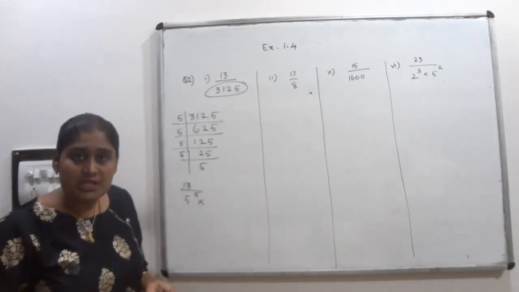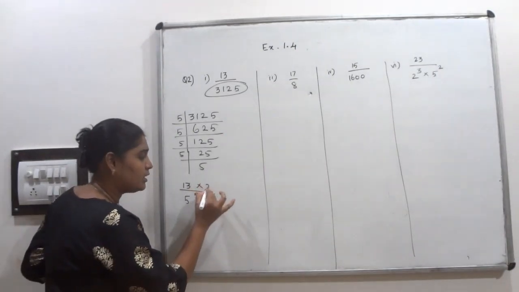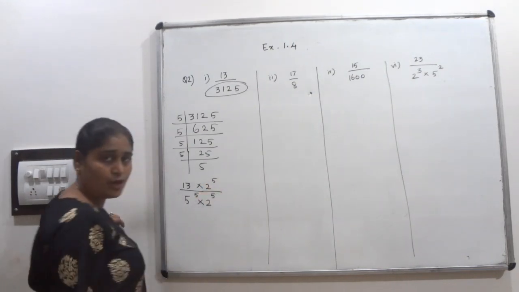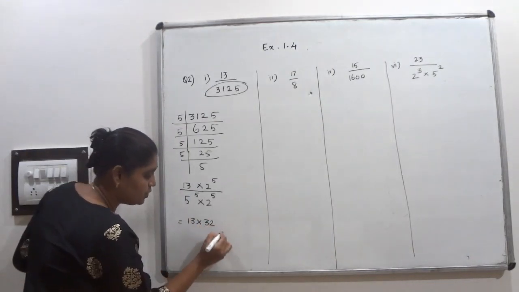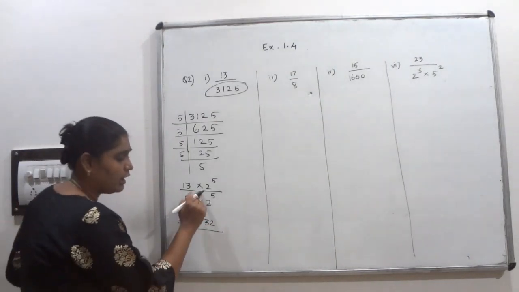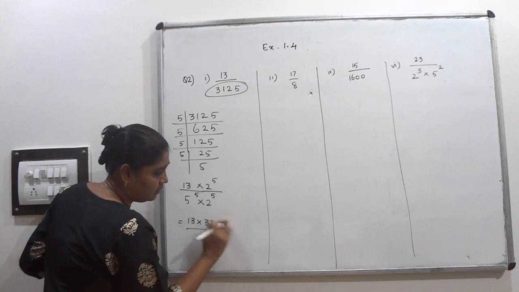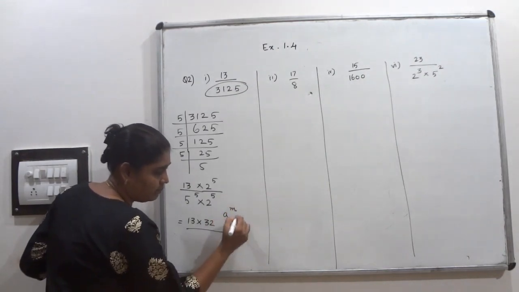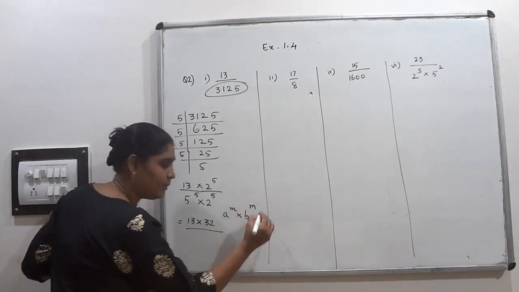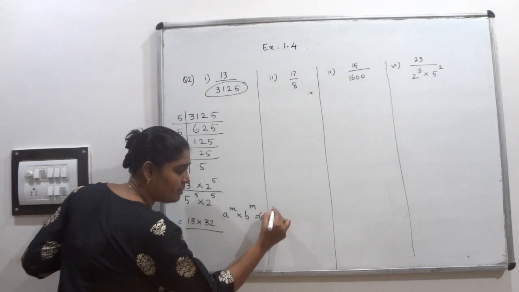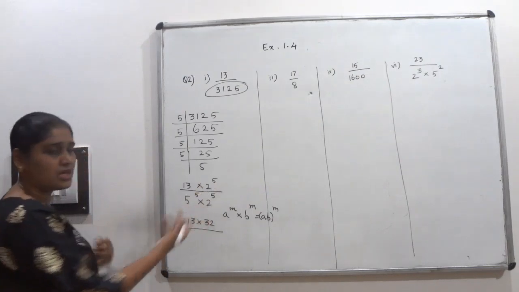Now I am going to multiply 2 power 5 in the numerator as well as the denominator. 2 power 5 is 32. In the denominator, 5 power 5 into 2 power 5: the bases are different but the powers are the same, so we can use the identity a power m into b power m equals ab whole to the power m.